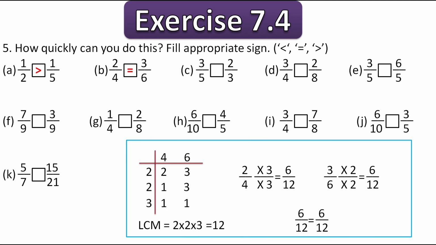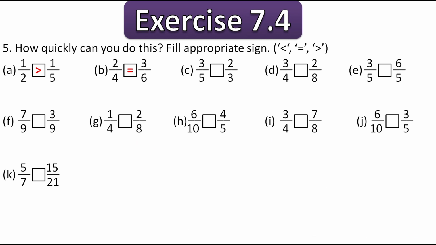Okay. Now in the third one, here also the numerators as well as denominators are different. So again we have to find the LCM of 5 and 3, as the denominators are 5 and 3. So 3 ones are 3, 5 will remain as it is, and 5 ones are 5. So we got the LCM as 15.